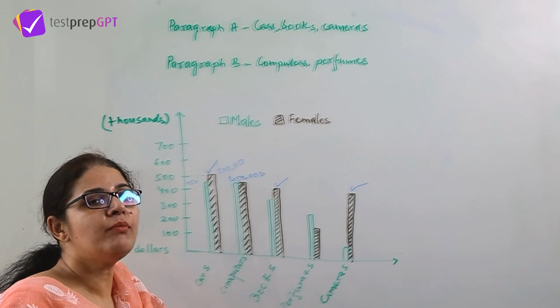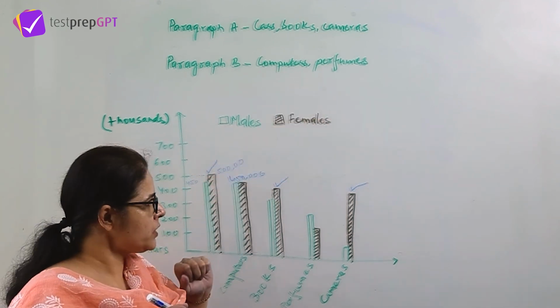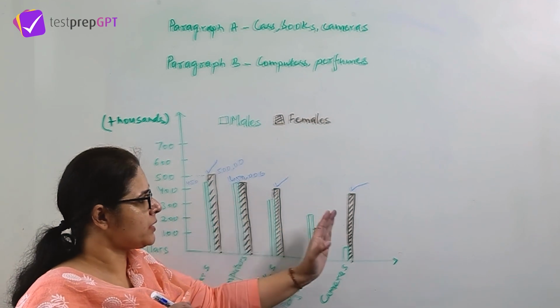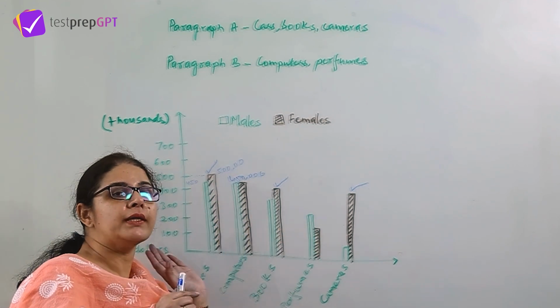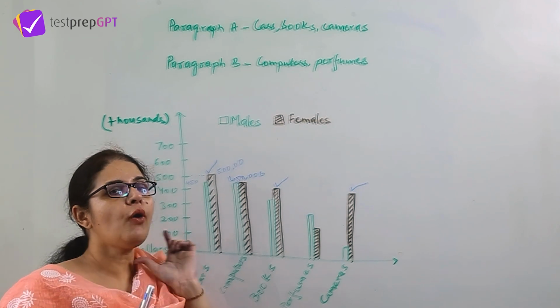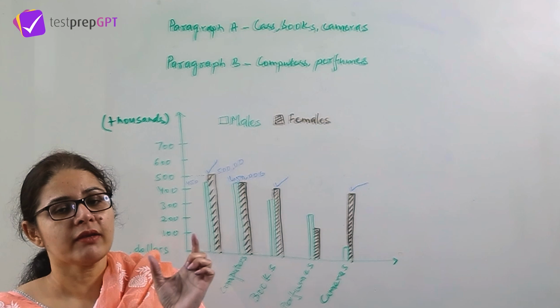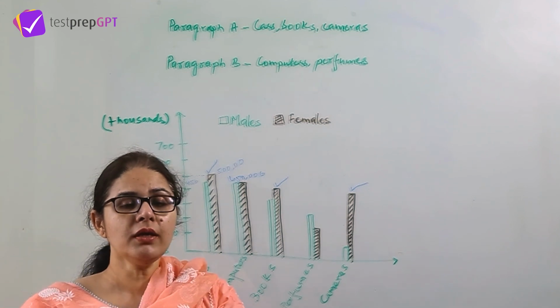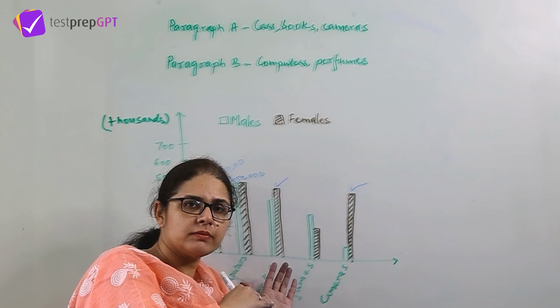However, why am I adding "however" now for perfumes? Because now this is the trend which is almost opposite to what we earlier talked about. So this word "however" tells that we are going to talk about something opposite to what we were talking about earlier.